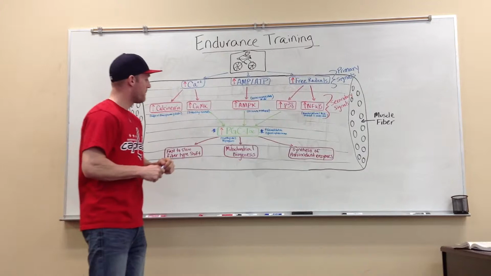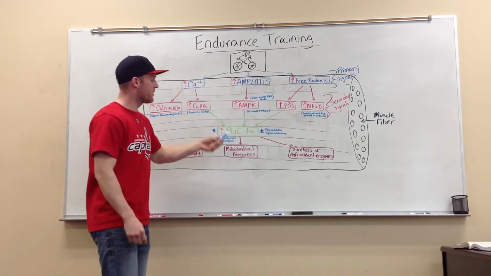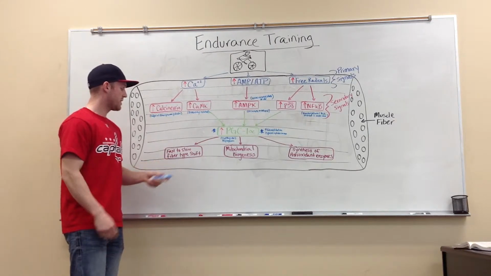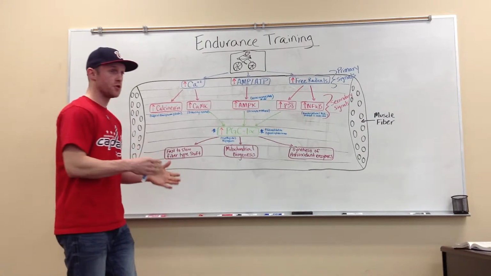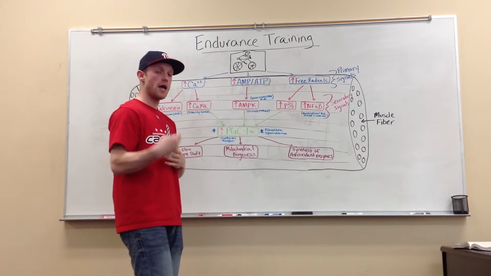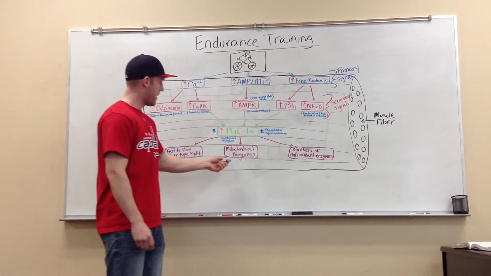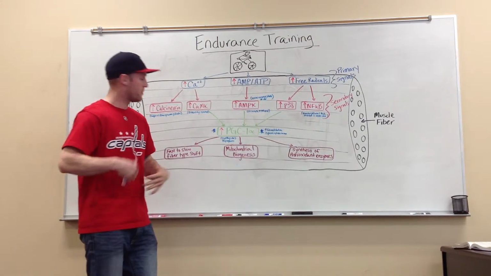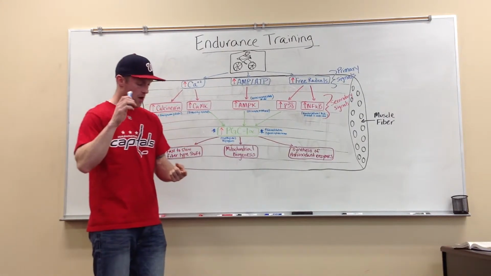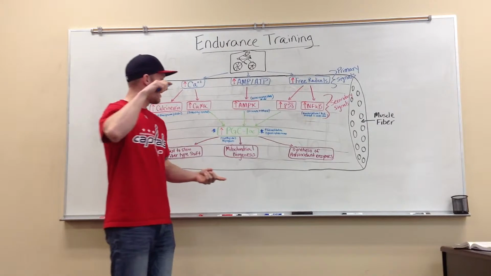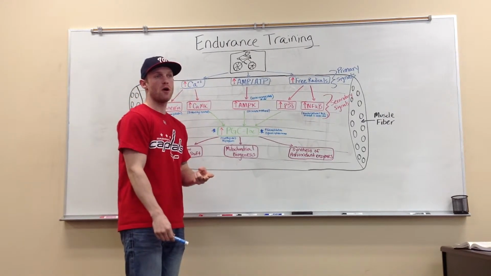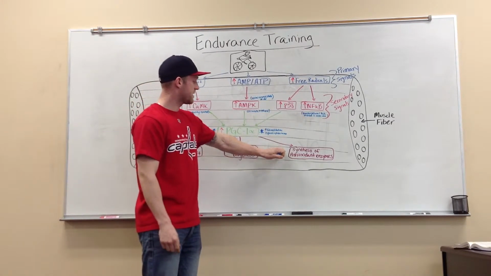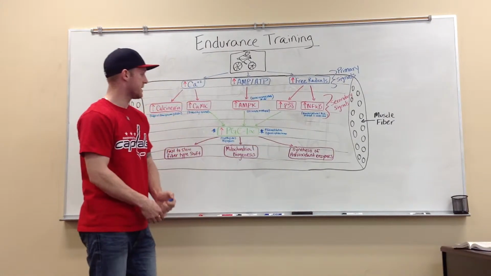An increase in PGC-1 alpha levels can lead to the fast-to-slow fiber type shift, which we want because since we're doing long distance, we want more of those type 1 fibers. Then mitochondrial biogenesis, which just helps produce more mitochondria. If we produce more mitochondria, we can burn more fats, store more carbs, and use more fat metabolism. And then the synthesis of antioxidant enzymes.